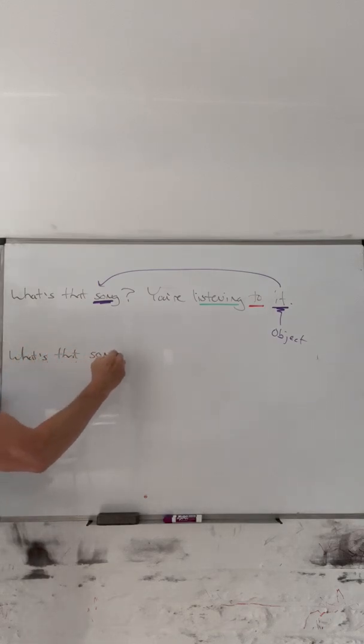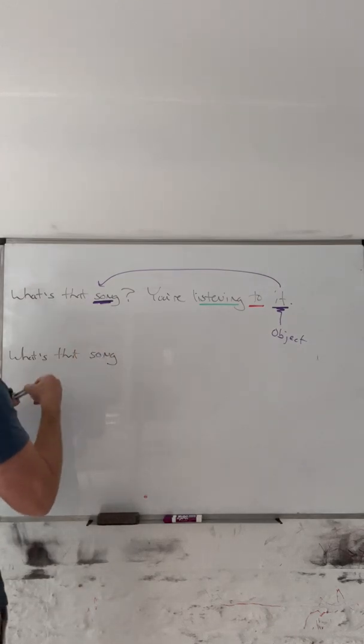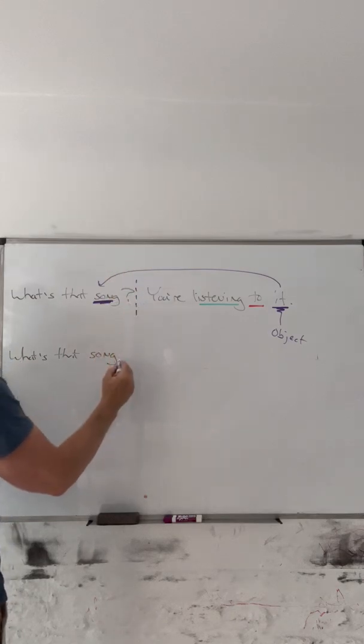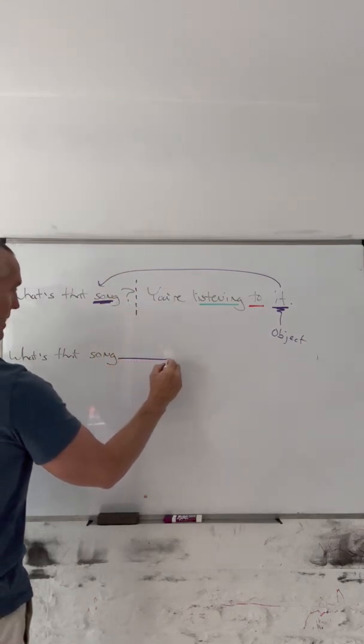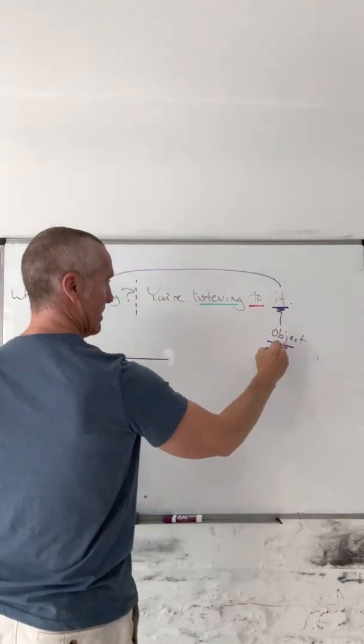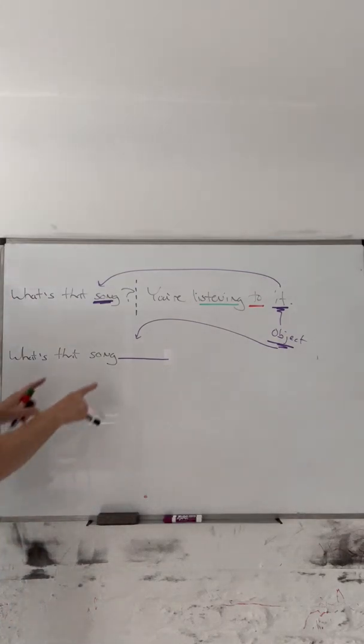What's that song? Okay, so we already know this is the noun that receives the modification, so the adjective clause must begin right here. Right here is where that object becomes the pronoun that we use to introduce the adjective clause.